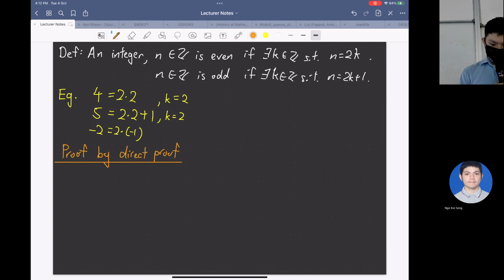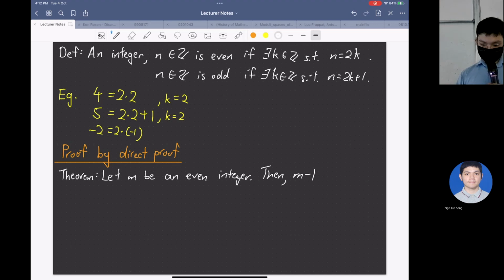So let's see what we want to prove. The theorem is: let m be an even integer, then m minus 1 is odd. Proof. The question says let m be an even integer, then m minus 1 is odd.